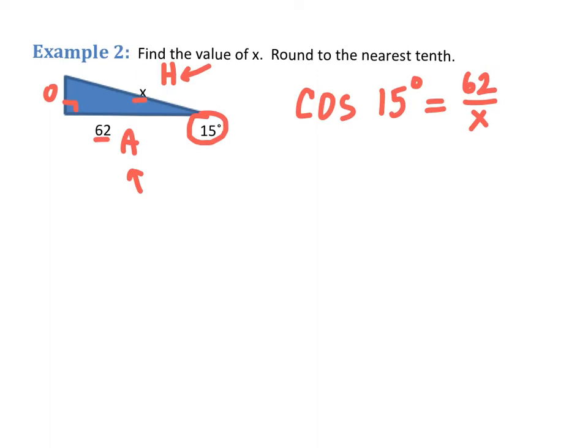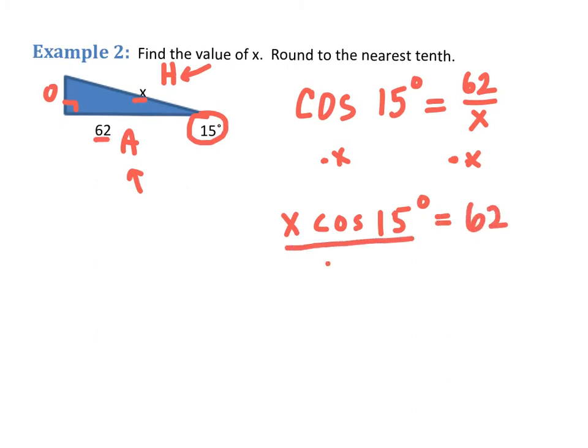Now there are a couple ways to attack this algebraically. I like to get the x out of my denominator, so 62 is divided by x, so we're going to do the inverse, which is times by x on both sides. So we're going to have x cosine 15 degrees equals 62. Then going back and solving for x, we're going to divide by the cosine of 15 degrees and divide by the cosine of 15 degrees.